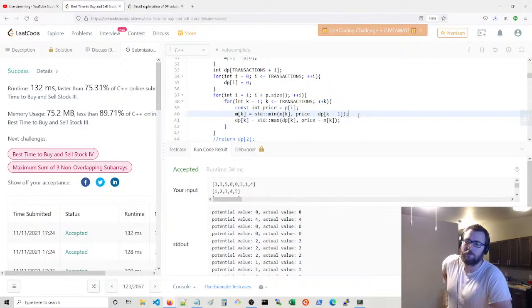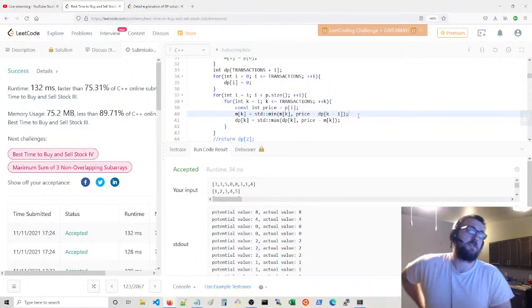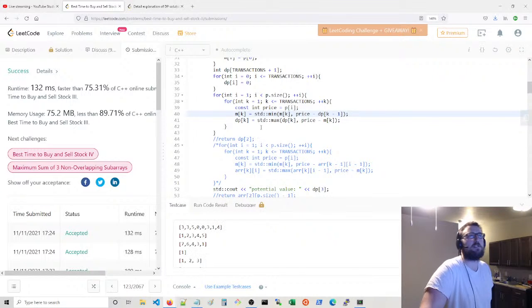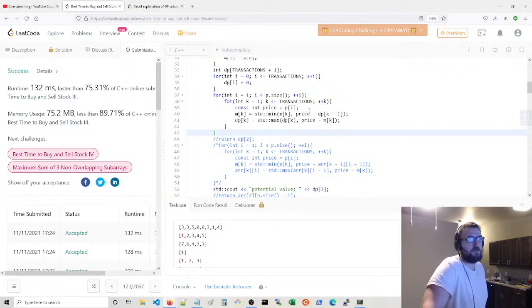In other words, dp of k plus 1 won't change based off of the change on dp of k minus 1, which is really interesting. I wasn't expecting that at all. So I was wrong. It generalizes very well. So I would prefer the first over the latter. Pretty interesting.